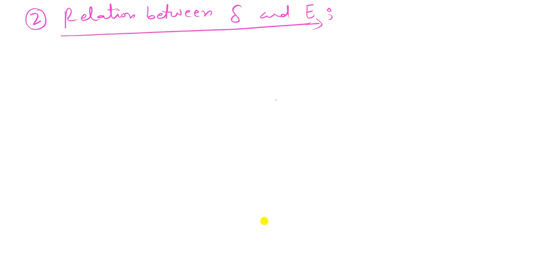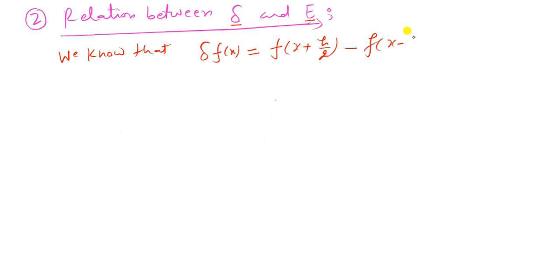So now the relation between central difference operator delta and shift operator E. So we know that central difference operator delta operate on a function f(x), then this is equal to f(x plus h/2) minus f(x minus h/2).